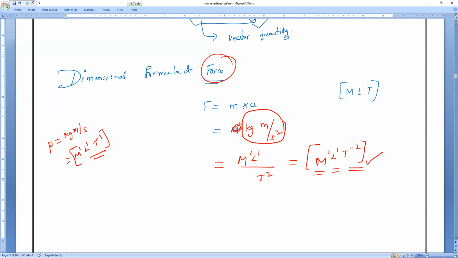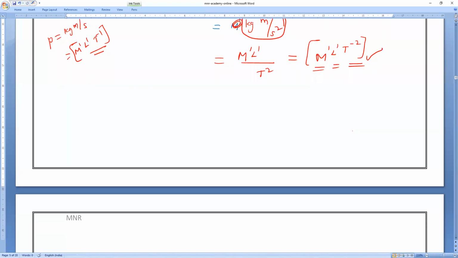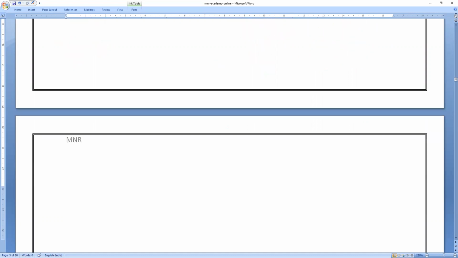Tomorrow we'll study the relation between the different units of force. And there is a concept called impulse, the most important one in the entire class 11: impulsive force and impulse, and the dimensional formula of impulse.